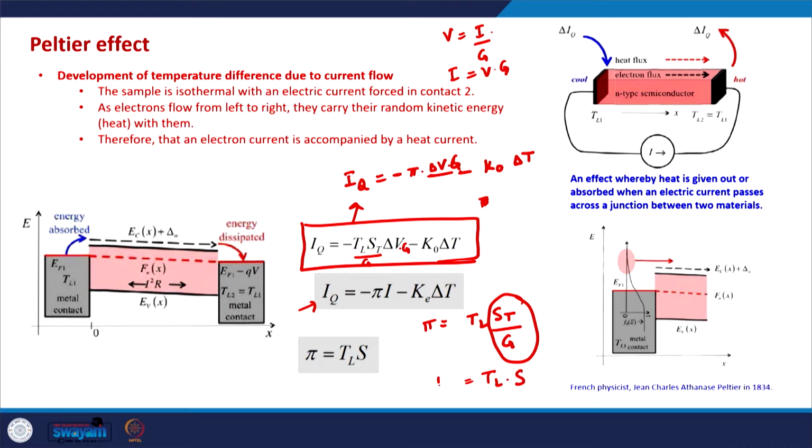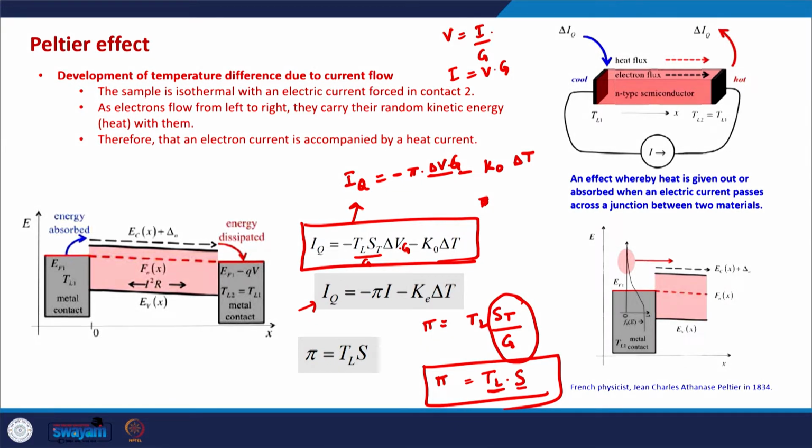So this is TL times the Seebeck coefficient. So pi is known as the Peltier coefficient, and what is the Peltier coefficient? It is the lattice temperature times the Seebeck coefficient.